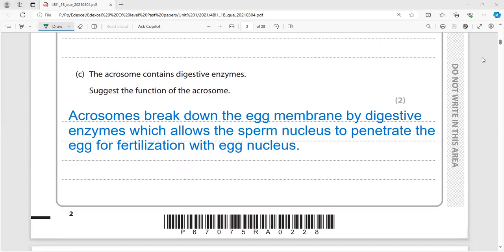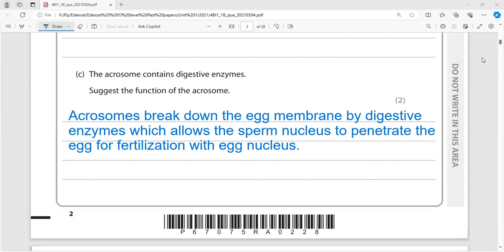Second, the acrosome contains digestive enzyme. Suggest the function of the acrosome. The acrosome contains hydrolytic enzyme, and this hydrolytic enzyme digests the outer membrane of the egg cell. So we can describe that the acrosome breaks down the egg cell membrane by digestive enzyme, which allows the sperm nucleus to penetrate the egg for fertilization with the egg nucleus.